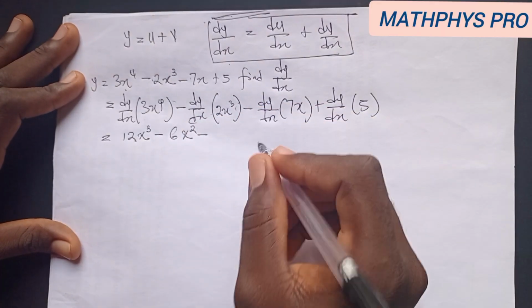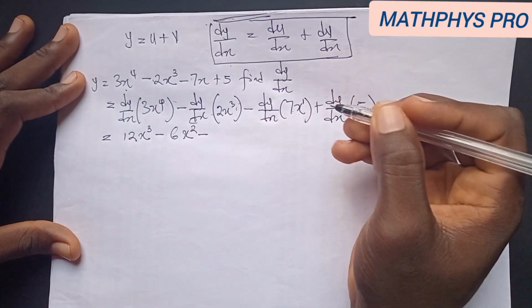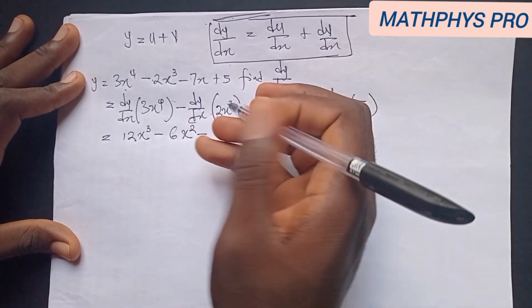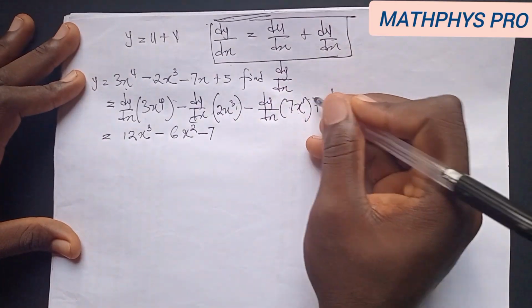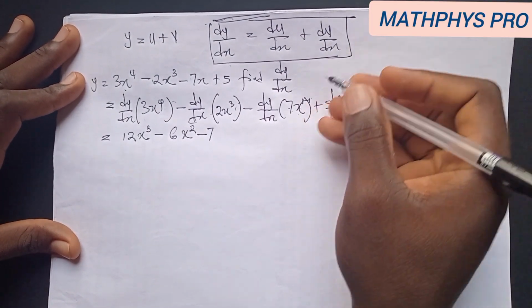So minus 7x: there's a visible 1 here, and 1 times 7 is still 7, and 1 minus 1 gives you 0, so x raised to the power 0.